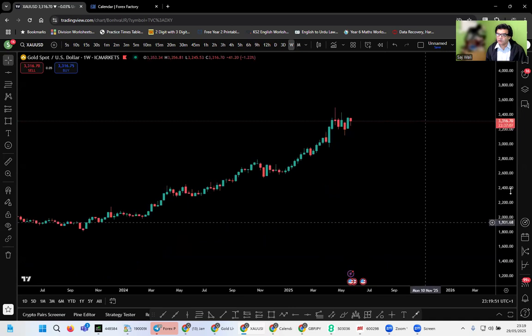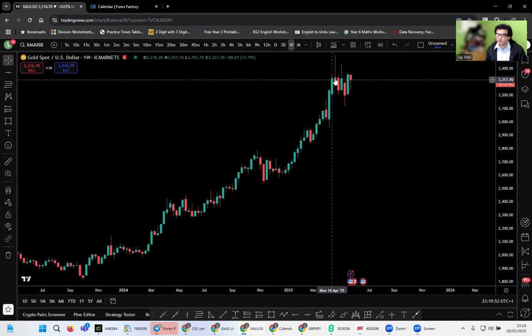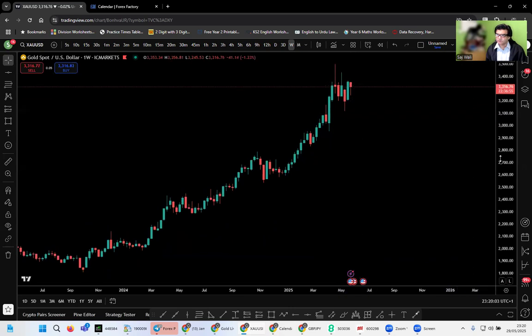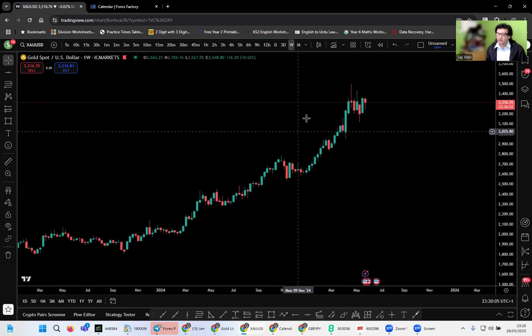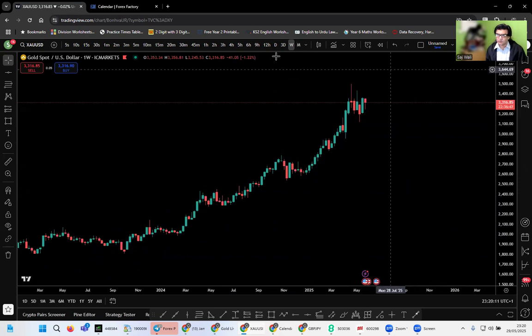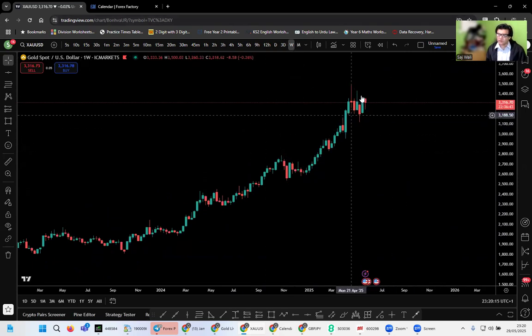But in weekly, we clearly see bullish, and previous candles where they were closed, that was broken to the top. And that's what we have been saying since last week as well. Since whole week that this candle closed bullish, weekly candle.